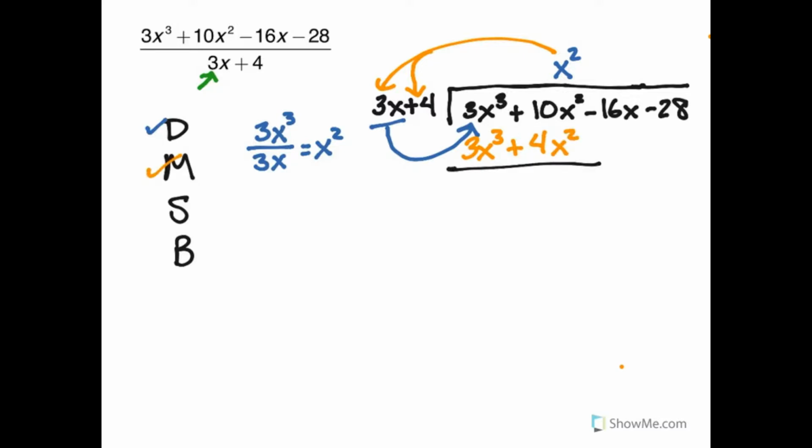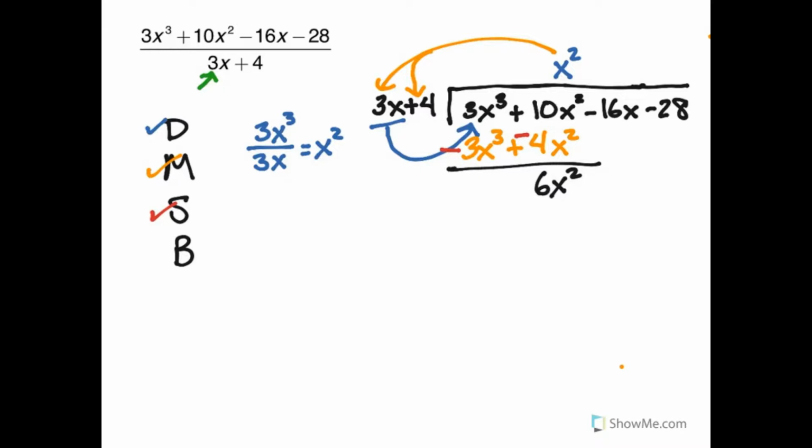The next step is to subtract, so I change the signs of both of those terms so I can add them. 3x cubed minus 3x cubed is 0, and 10x squared minus 4x squared is 6x squared.